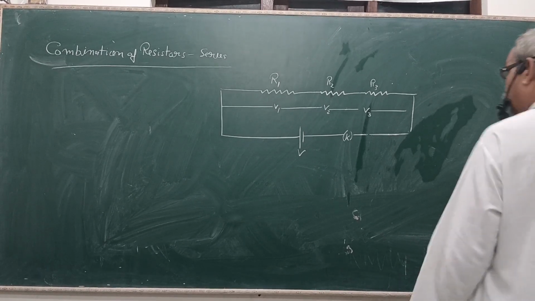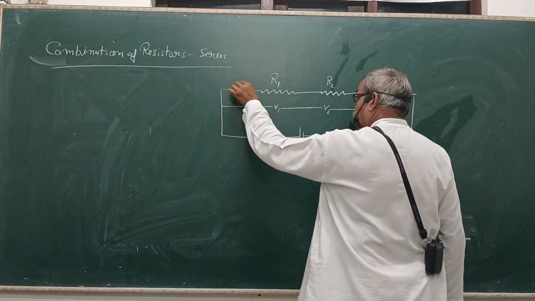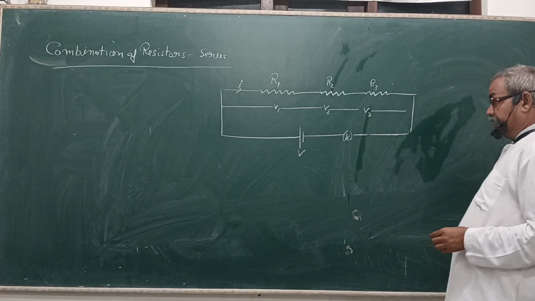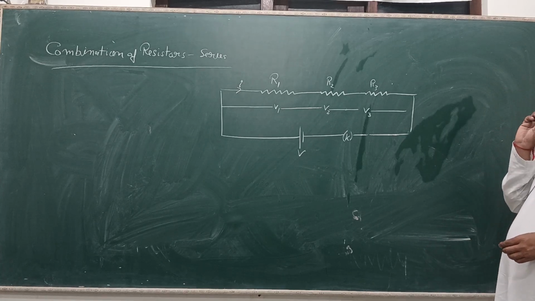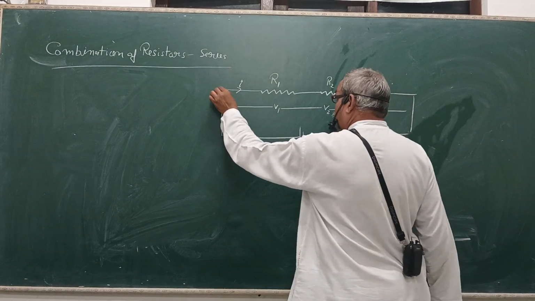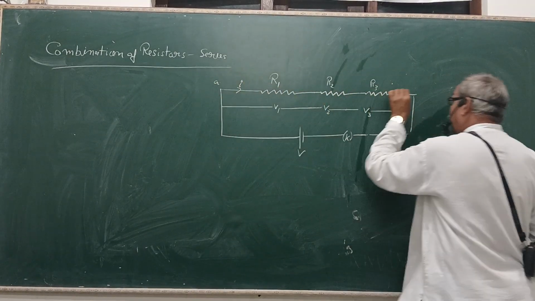The electric current is constant, and there is variation of the potential across every resistance, between point A and point B.